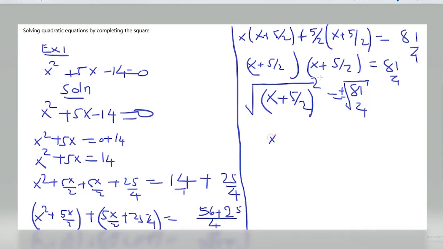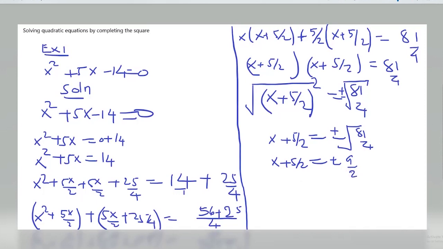The square and the square root cancel, therefore x plus 5 over 2 is equal to plus or minus the square root of 81 over 4. This gives x plus 5 over 2 equal to plus or minus the square root of 81, which is 9, and the square root of 4, which is 2.